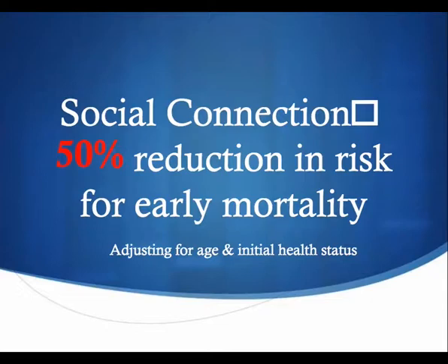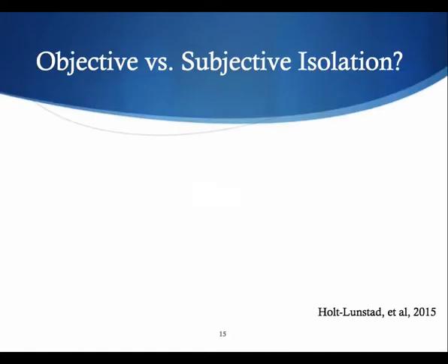My first meta-analysis included data from 148 studies and over 300,000 participants. What this data showed was that social connection was associated with a 50% reduction in risk for early mortality. And that was, of course, adjusting for age and initial health status, which could rule out reverse causality.